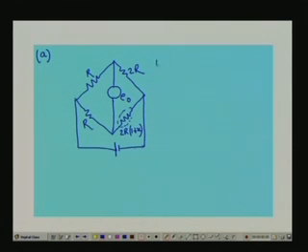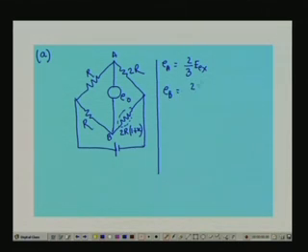Now, in this particular case EA is equal to 2 by 3 of Ex. If I take this terminal as A and this as B, EB equals 2(1 plus x) upon 3 plus 2x times Ex.